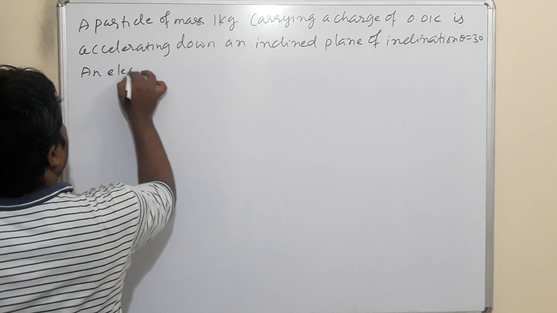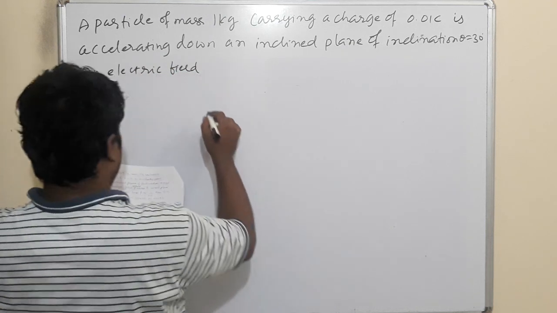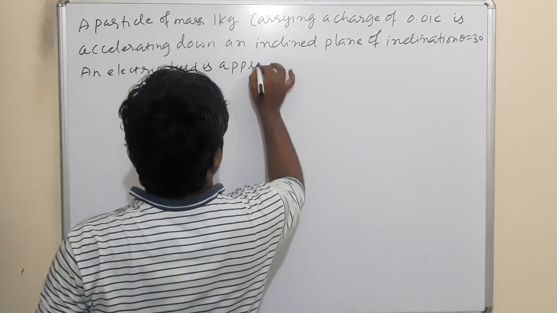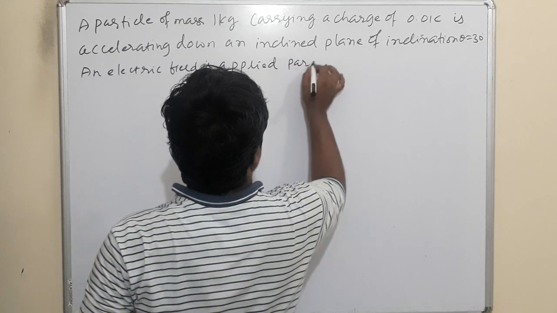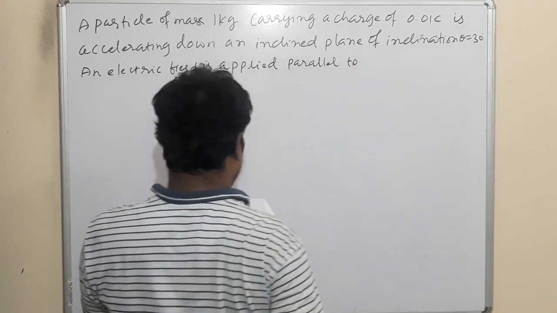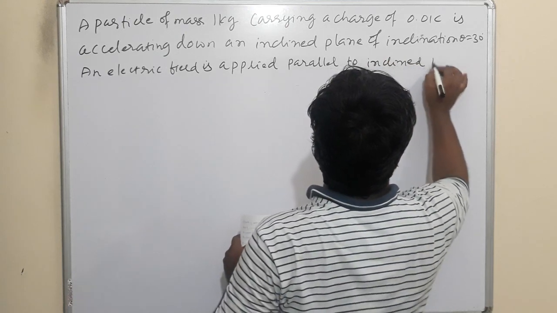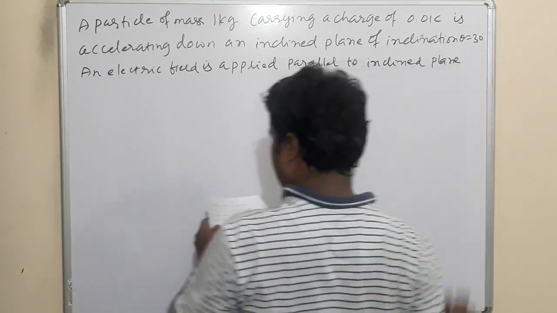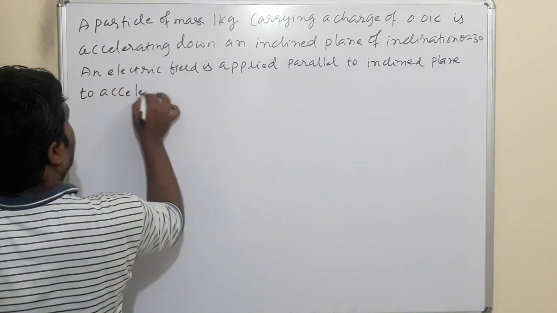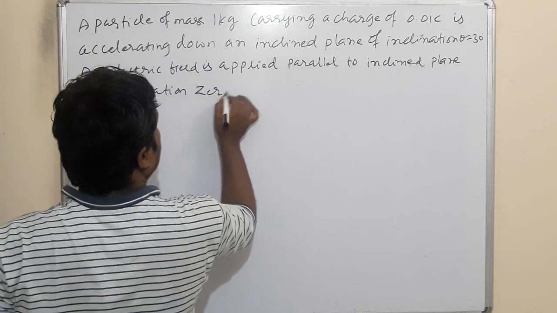An electric field is applied parallel to the inclined plane to make its acceleration 0. It is accelerating downward; to make its acceleration 0.